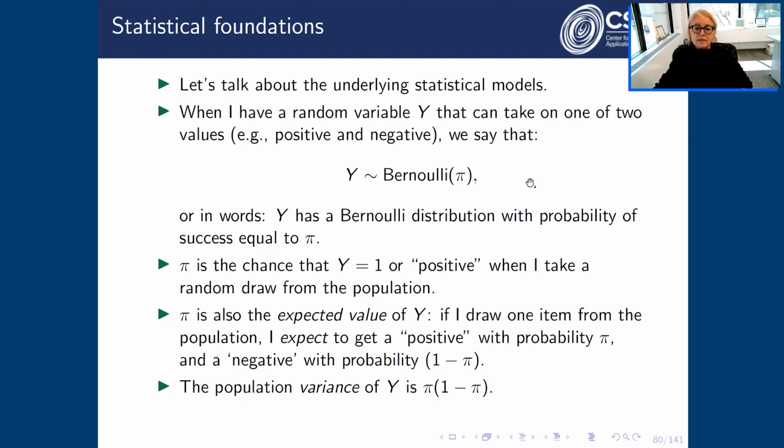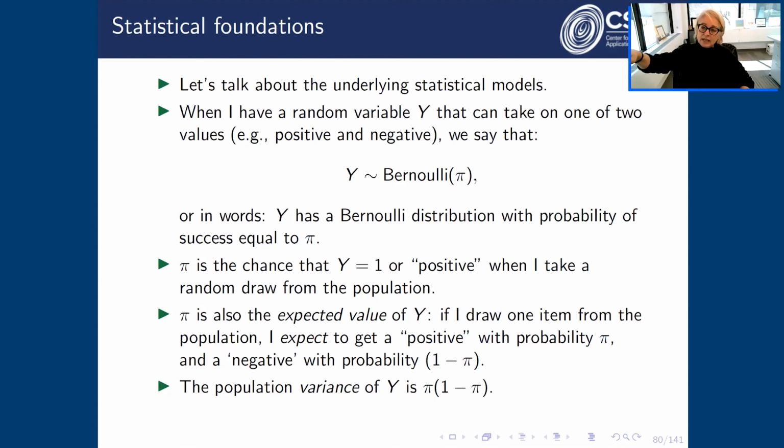So what does it mean? If I have a big bag full of Y's, imagine a big bag with balls that are labeled positive or negative, and pi, the proportion of positive balls in that bag, is pi, and the proportion of negative balls is 1 minus pi.